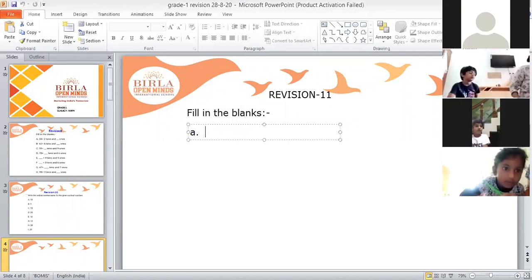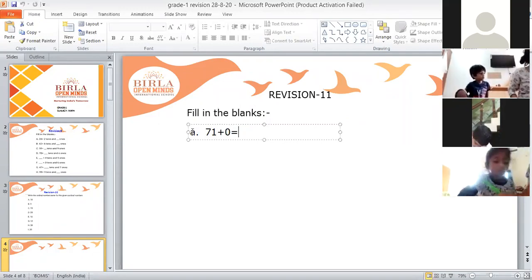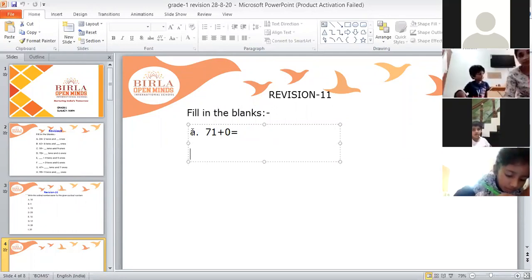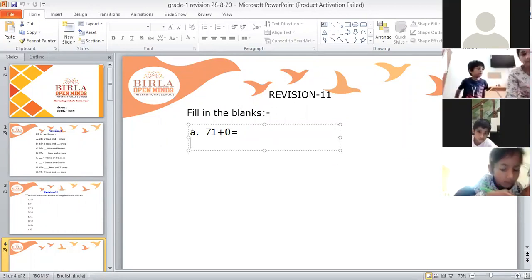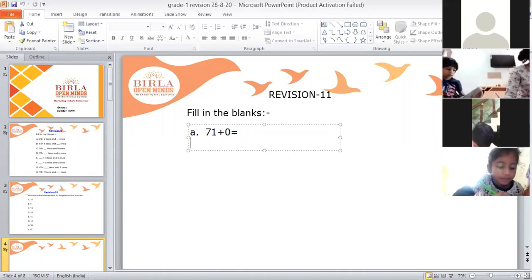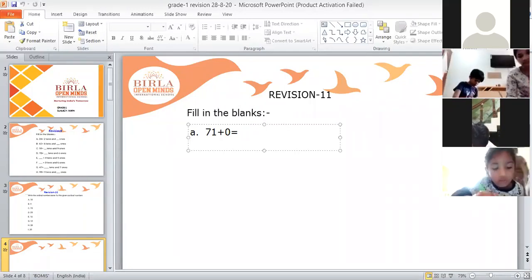So first bit, 71 plus 0 equal to, then second bit. Okay, children, and you remember that you have to leave one line after every bit.